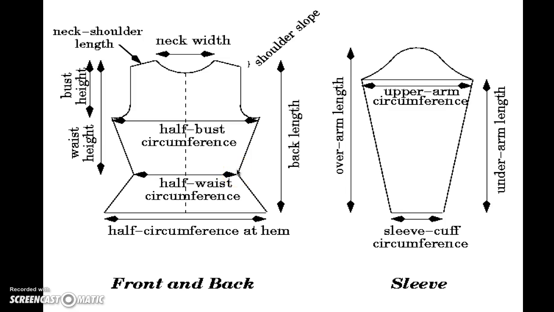So here you'd want to measure your waist and your hips and your bust and do a series of decreases and increases here in order to get that shaping. And I'll talk about how to calculate those increases and decreases later on in the presentation.